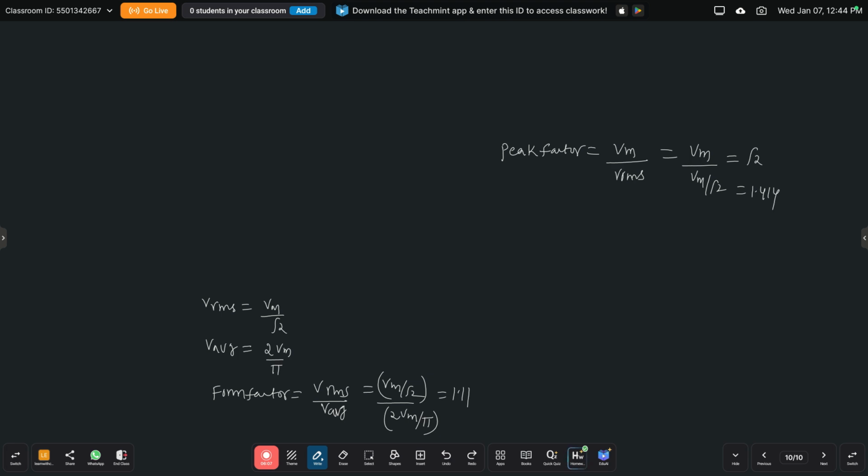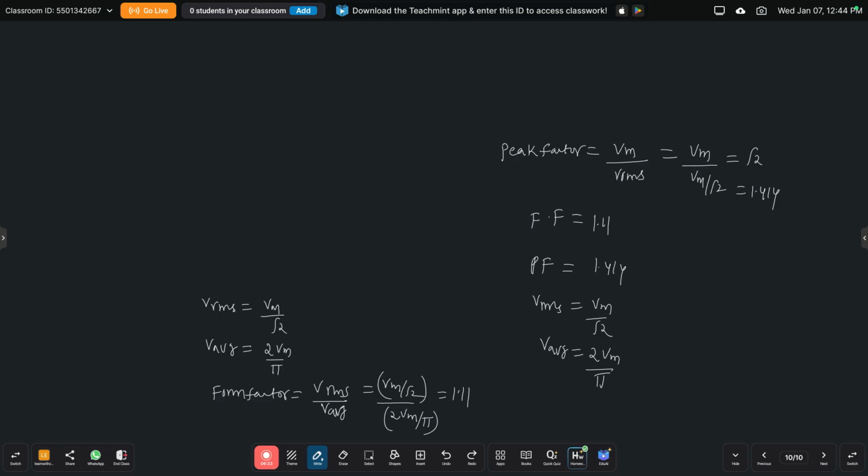So therefore the form factor of a pure sinusoidal waveform is 1.11 and the peak factor is 1.414, and the RMS value is Vm by root 2 and the average value is 2 Vm by pi.